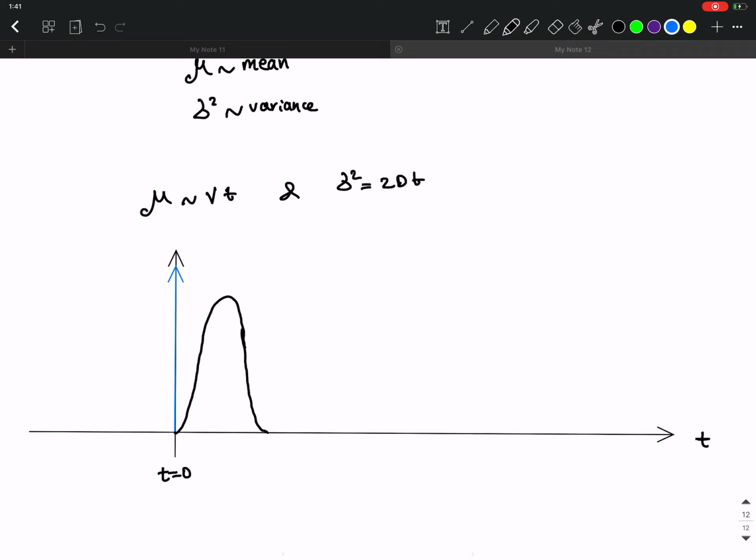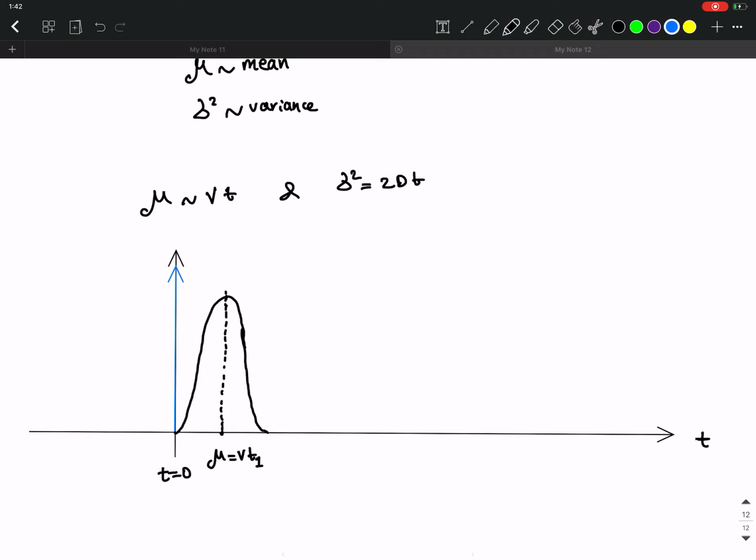It's like a normal distribution, and mu, the mean of that, is vt at t1, for example. This is if this is t1, okay?